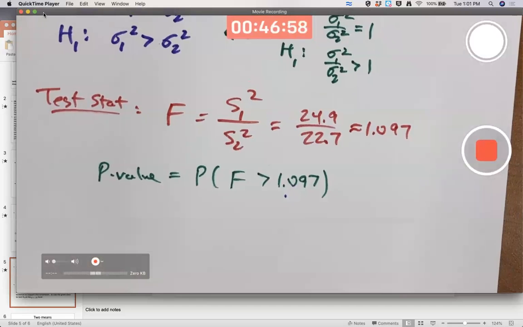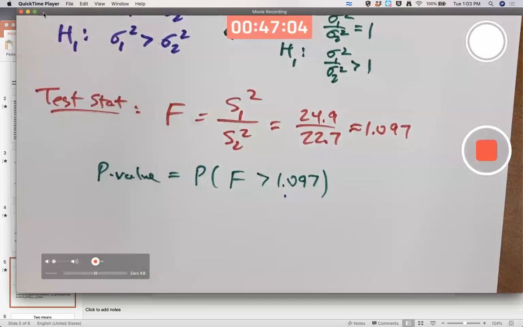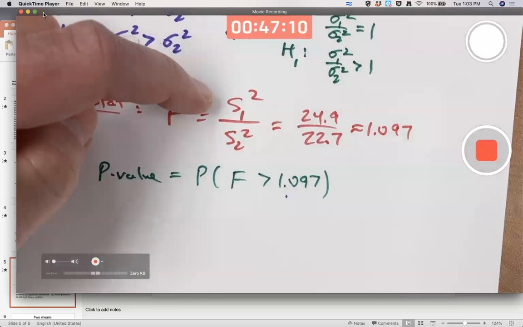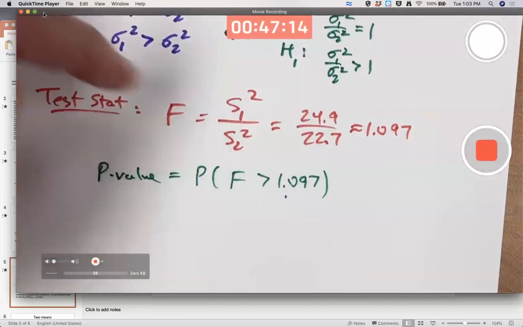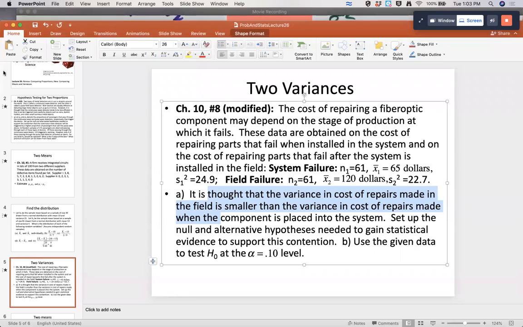And here's something extra strange. I actually need two numbers that represent degrees of freedom, one for the numerator and one for the denominator. The one for the numerator is n1 minus 1, first sample size minus 1. The one for the denominator is n2 minus 1. However, I did make the problem so that n1 and n2 are the same, 61 in both cases. In the book, number 8, they're actually different.